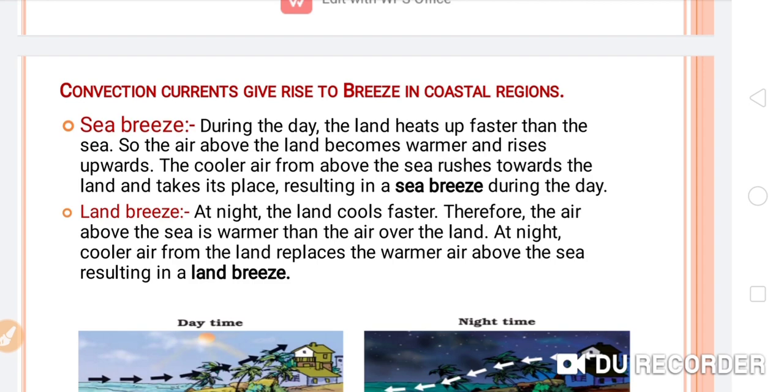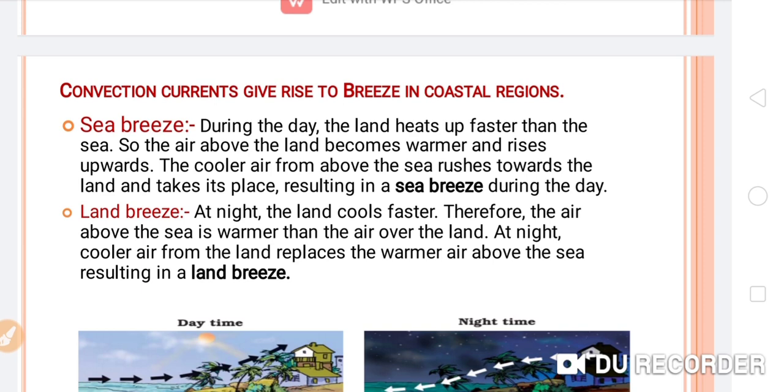So the cavity that has been developed by the air which has moved upward will be occupied by the sea air, which is heavier and cooler air. Okay, so this is the process of convection.